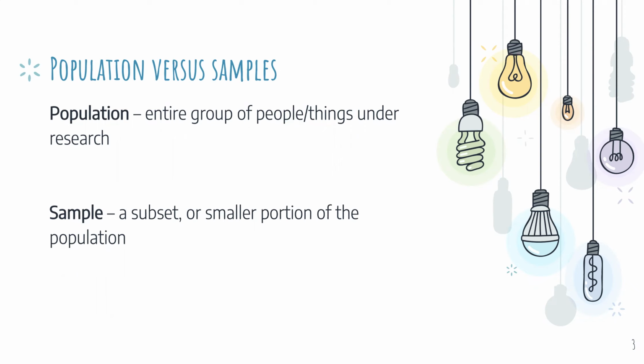The adults in the US is a huge population versus the number of students in a college, which is smaller, but it's still your population under investigation. How you take the sample, that's another video. We're going to talk about different sampling techniques and why it is so important to take those techniques into account when you're selecting a sample.